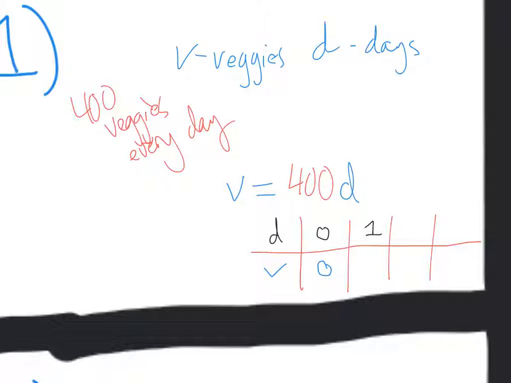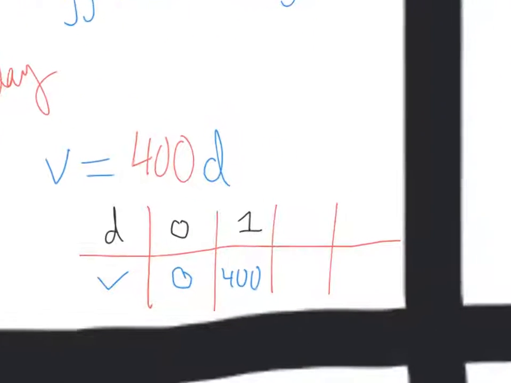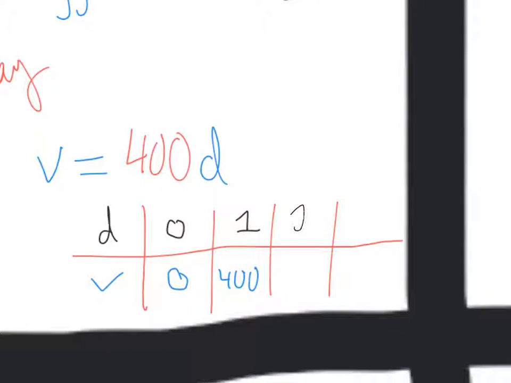it's going to be 1 times 400, so he'll eat 400 pounds of veggies. On day 2, that would be 800 pounds of veggies, since you're just multiplying 400 times 2. And then the last would be 1,200 pounds for 3 days.